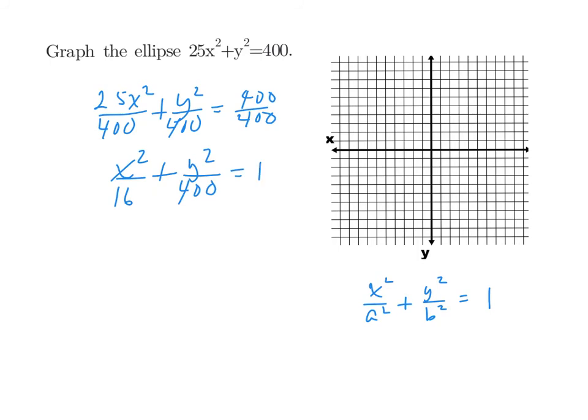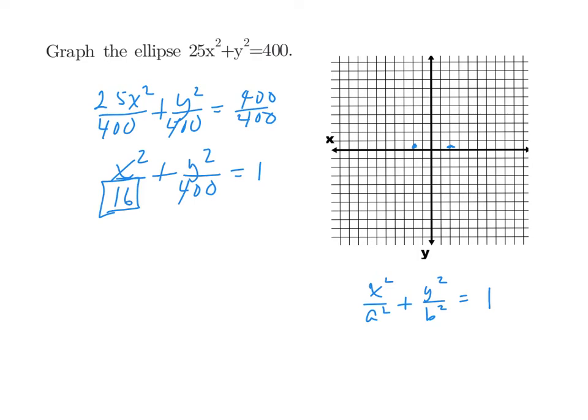Now, that means that the vertex or the endpoint associated with the x-axis is going to be 4 and negative 4, because 4 and negative 4 squared is 16. I'm going to let that be our negative 4 and that be our positive 4, so we'll have a scale of 2 on that.